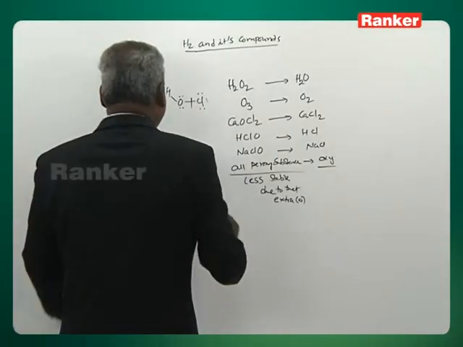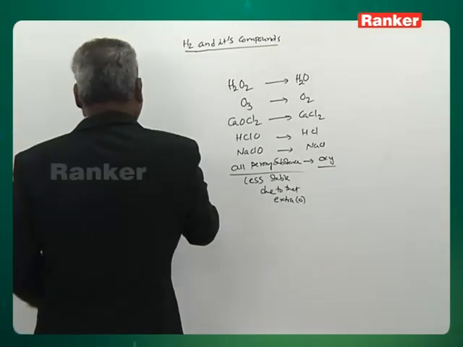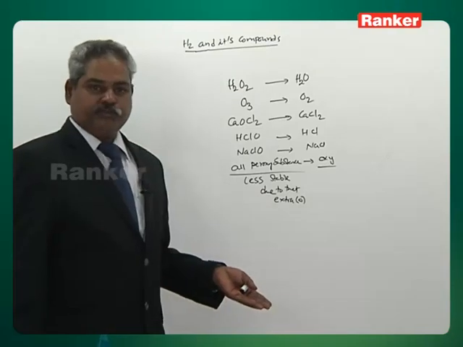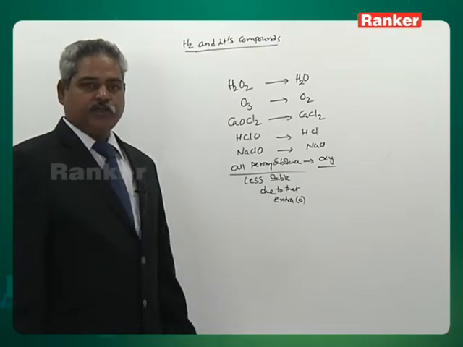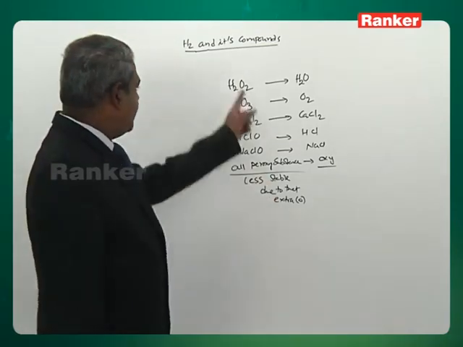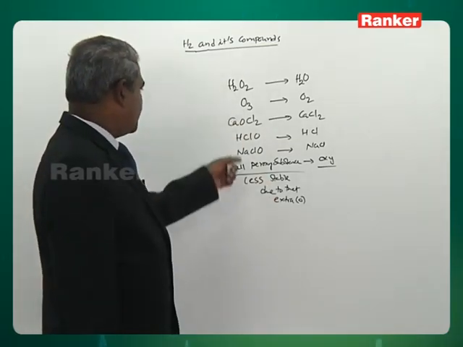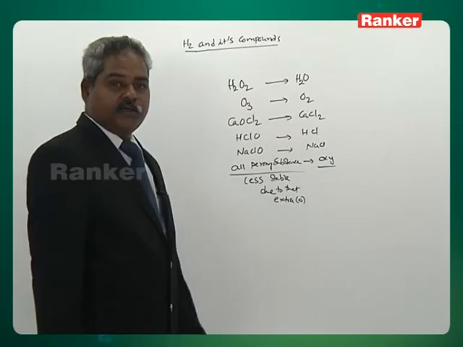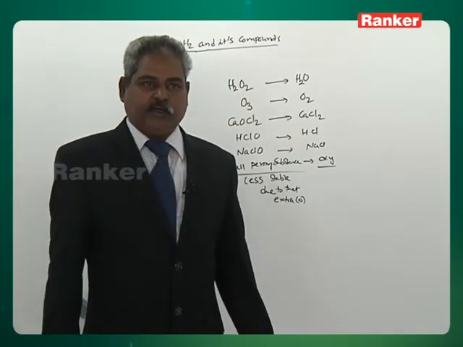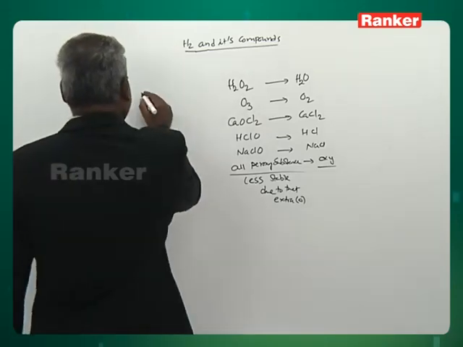And now that extra oxygen will come in handy. All these are laboratory reagents. Laboratory reagent means if you want to oxidize somebody or reduce somebody, you can use any one of them. They are all oxidizing agents and reducing agents, because they can simply give an oxygen. They will give an oxygen, and in fact they can even take an oxygen.